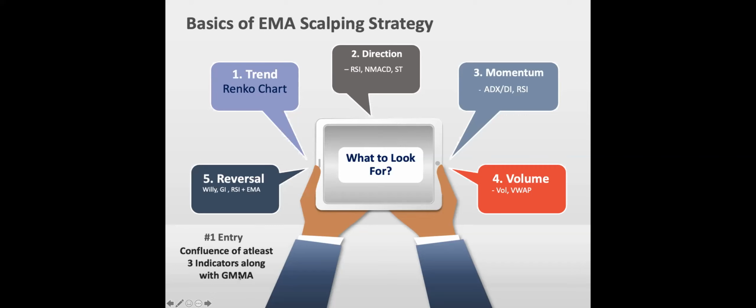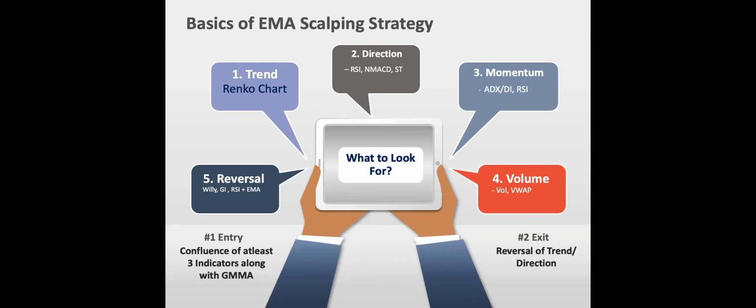GMMA is on the first chart, and try to find 3 indicators which are in confluence. If you find that, you'll be confident that it will give you a good momentum, a good movement. At the same time, when you're exiting, please check whether the trend is reversing or the direction is changing. So these are the 2 key things that you need to consider while using the scalping strategy.